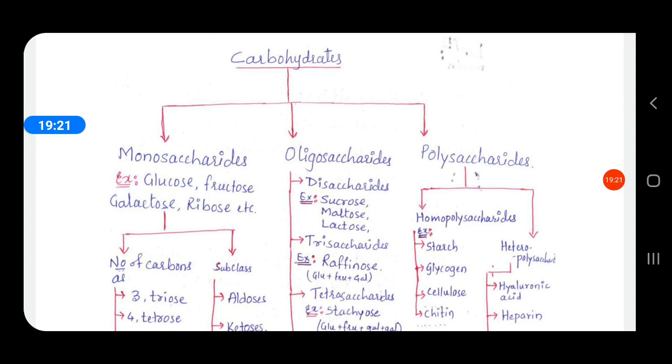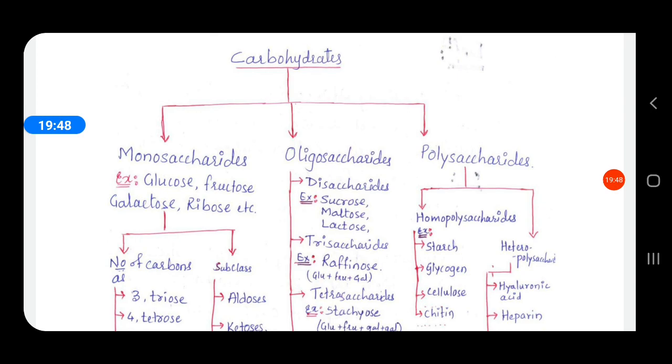Polysaccharides: poly means an infinite number of monomer units. So an infinite number of monomer units obtained on hydrolysis are called polysaccharides. Depending upon the type of monomers present in the carbohydrate, they are classified as homopolysaccharides and heteropolysaccharides.